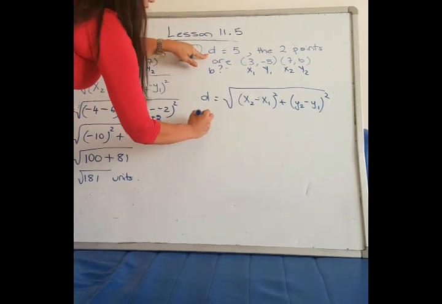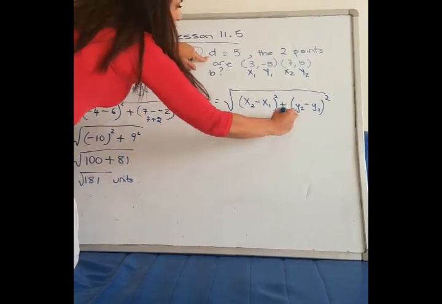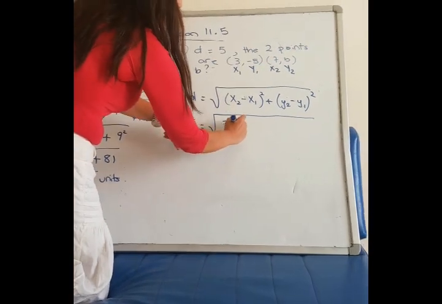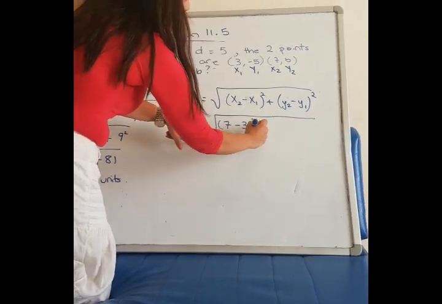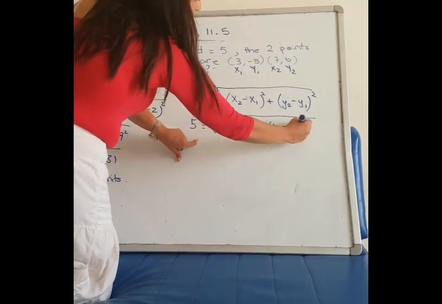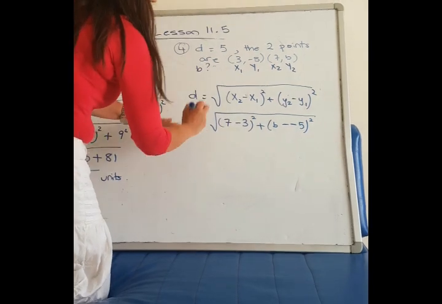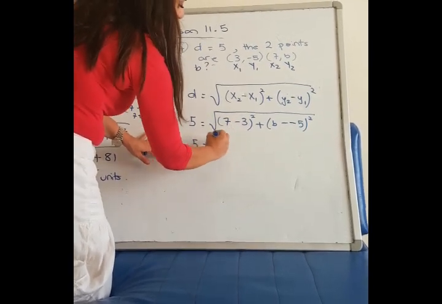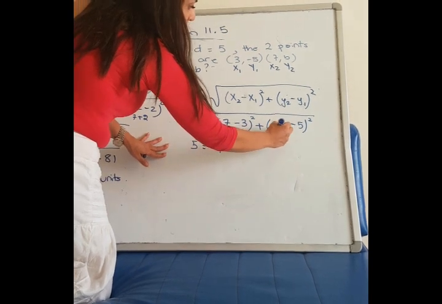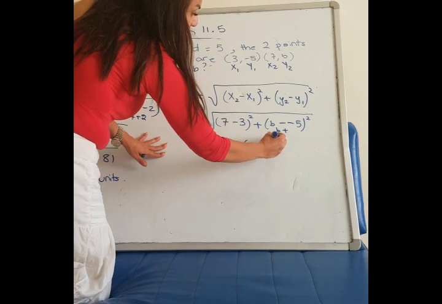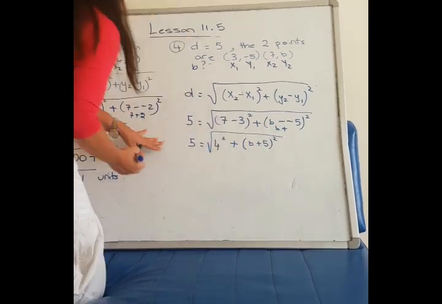What is D? 5 is equal to the radical form of it. Where's my x2? 7 minus 3 to the second power, plus y2 is B minus 5 to the second power. I keep it as it is. I start solving. 7 minus 3 is 4 to the second power, plus B minus -5 is actually b plus 5 to the second power, the radical of it.